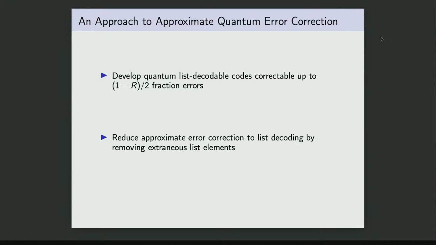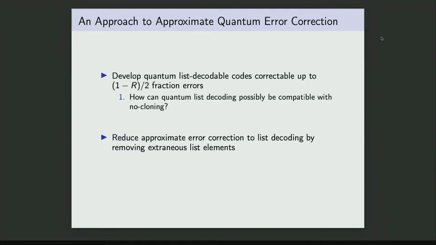We've gotten a notion of error correction at the singleton bound. And then we just need to reduce approximate error correction to this list decoding that we assumed we could get. So it's almost like a wish list, maybe one approach we could take. And the motivation is just that classically list decoding seems to get us to the singleton bound. So maybe we could do the same thing quantumly.